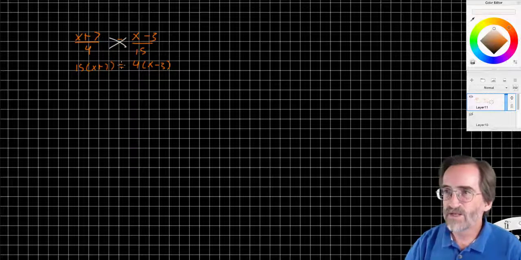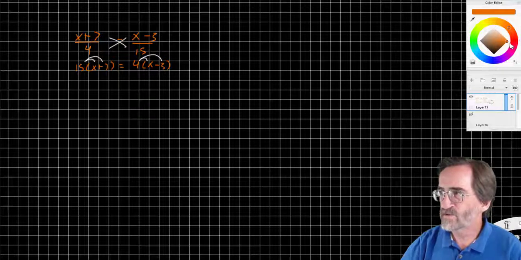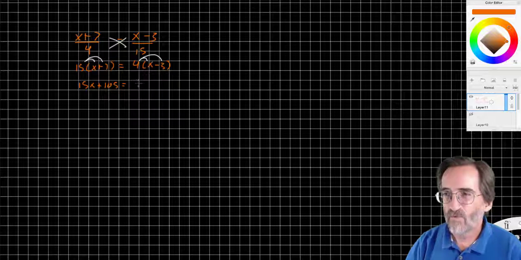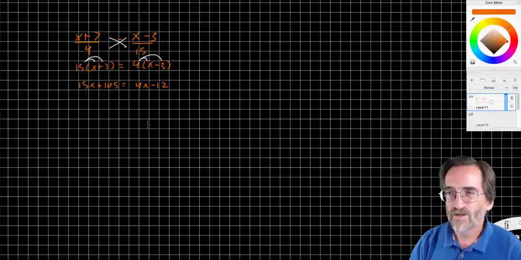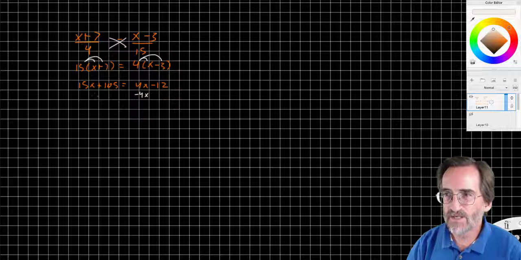In this case, I need to distribute the 15 by multiplying. 15x, 15 times 7 is 70 and 35, 105. 4 times x is 4x, and 4 times 3 is 12. I might subtract 4x from both sides, because I've got an x on both sides. And I'm going to subtract 105 from both sides in one step.